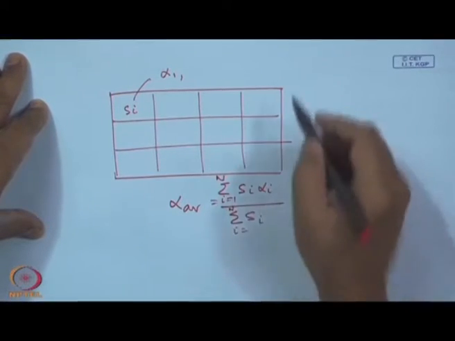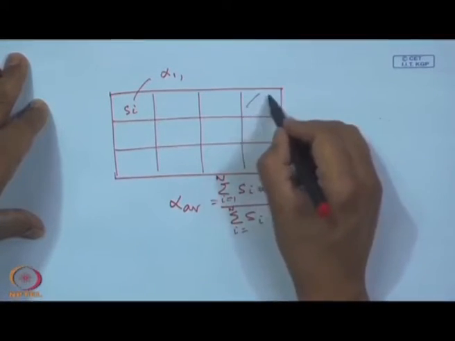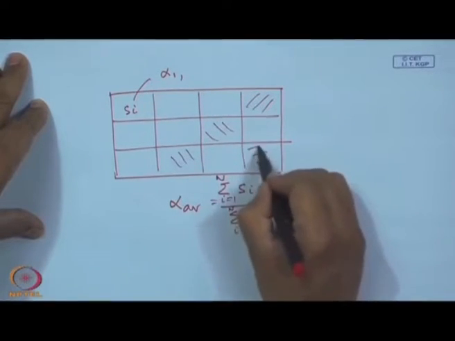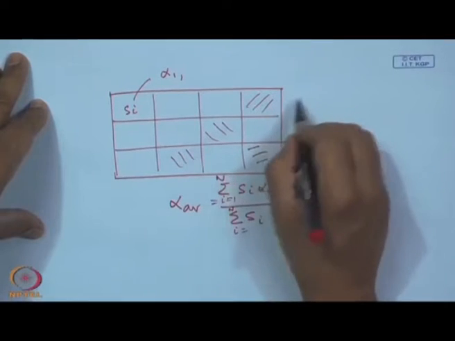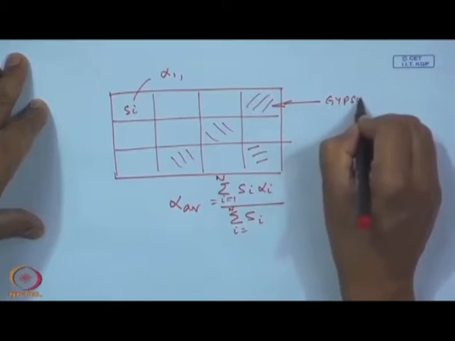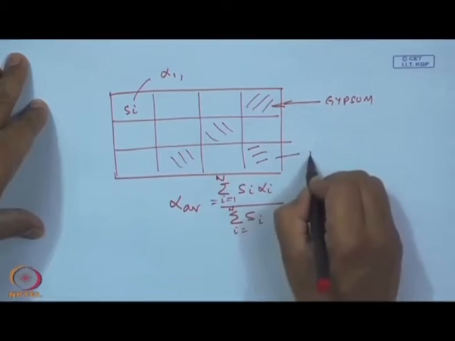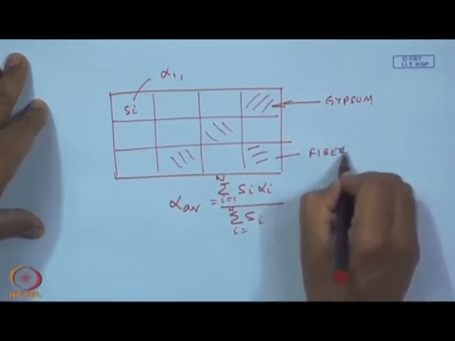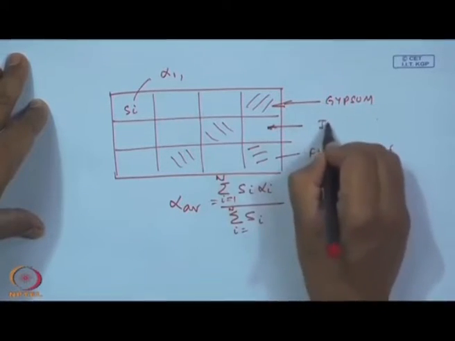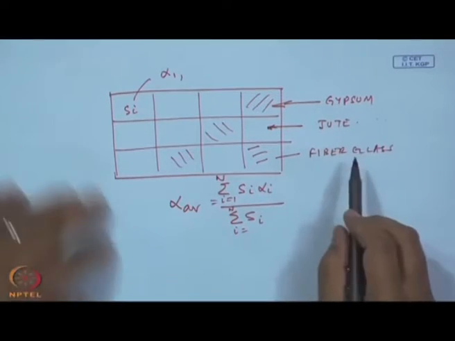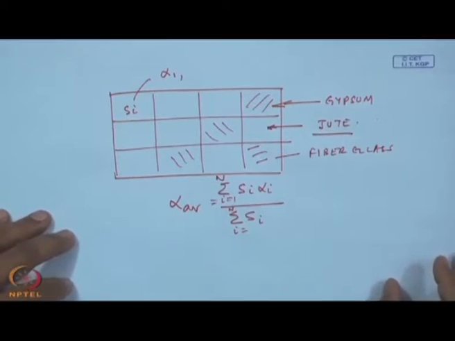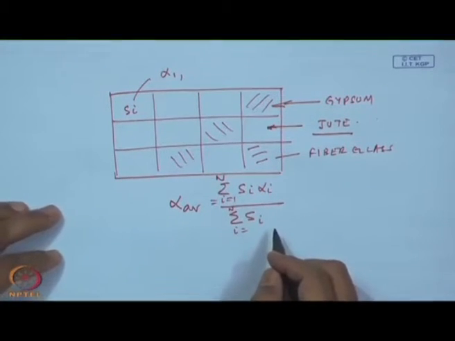Okay. Now, this could be of different materials, and they all could be having different alpha i's. For example, this could be gypsum, this could be fiberglass, this could be jute. Of course, nowadays we have found out that jute and its derivatives are good sound absorbers also. So, anyway, just to come back to the problem which we are discussing.